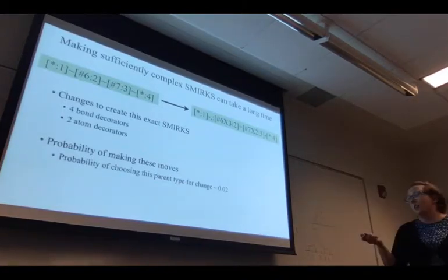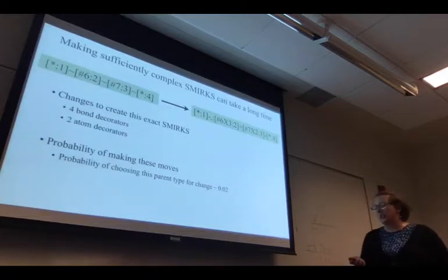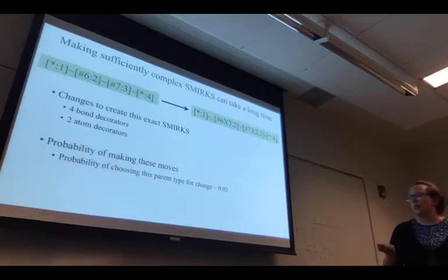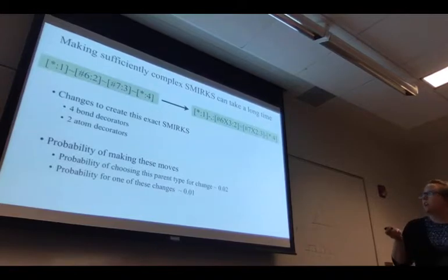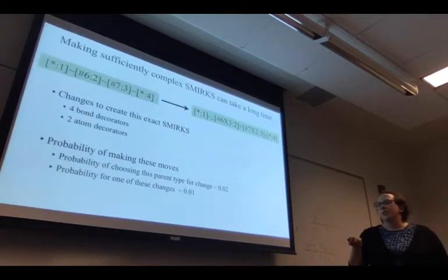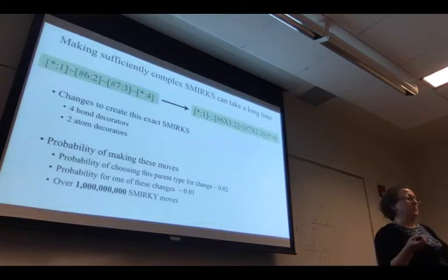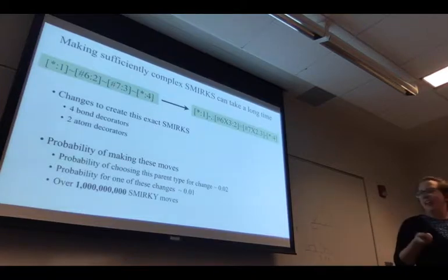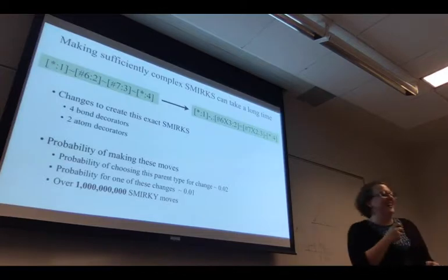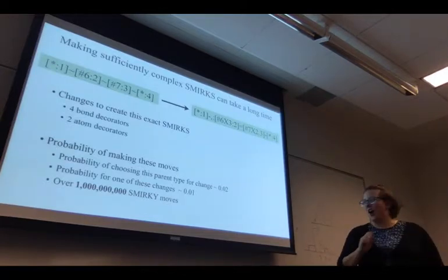Roughly, assuming you have about 50 to start, but the torsion lists get rather large. And then I rounded the odds of making any one of those decisions to about 0.01, which works out to needing about 1 billion SMIRKS moves to generate that one SMIRKS pattern. I copied it off my calculator.